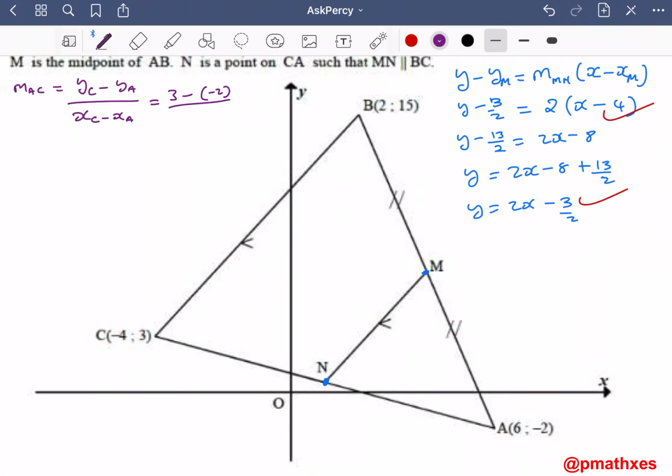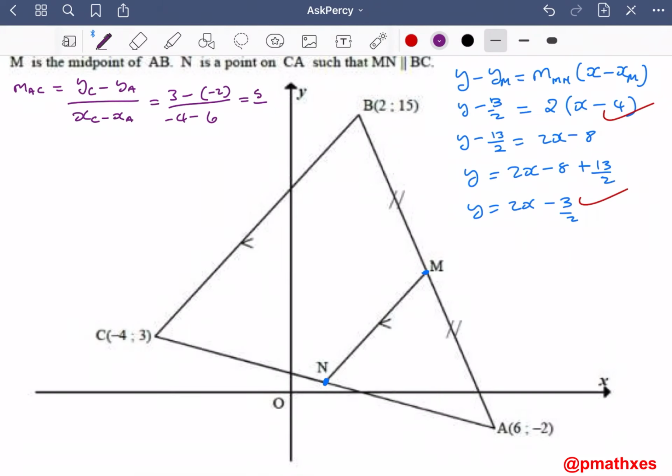Right, so 3 minus -2, that's what we have. Now what is the x value of c? The x value of c is -4. What is the x value of a? The x value of a is 6. Now you can just quickly punch this in your calculator, or you can just do it in your head. 3 minus -2, that is 3 plus 2, and that is 5.